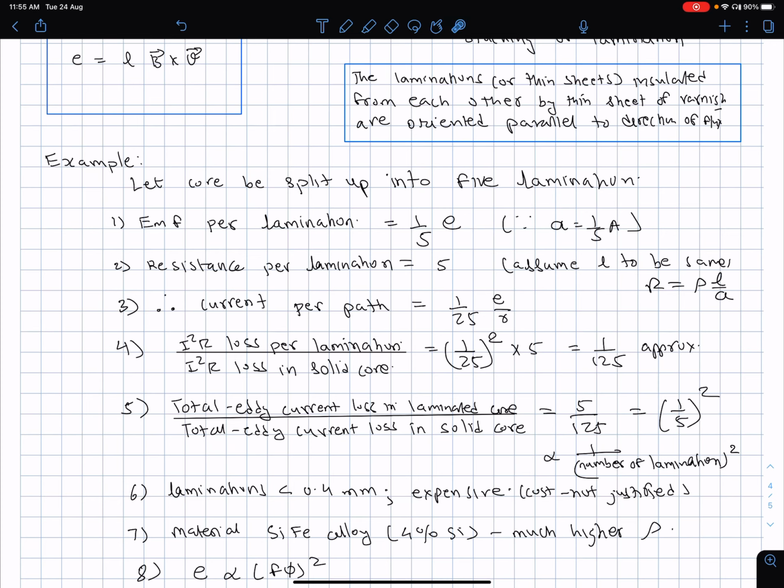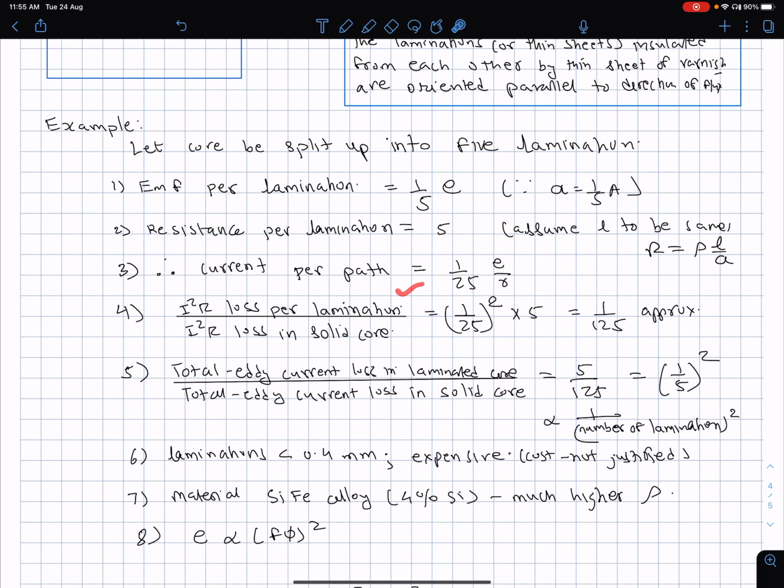It has now reduced to 1/5 of E divided by 5 times R, or therefore 1/25 of E by R. So the I square R loss per lamination: if I look at the ratio of I square R loss per lamination divided by I square R loss in the solid core, that number will be related to the square of the current.